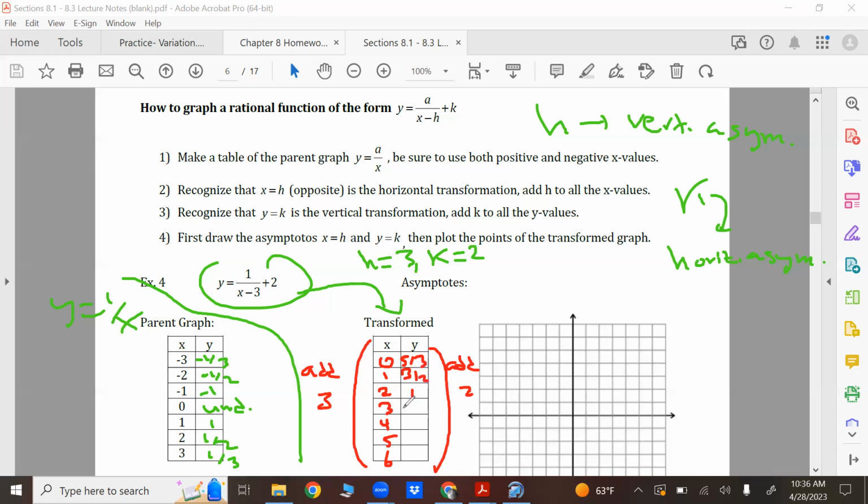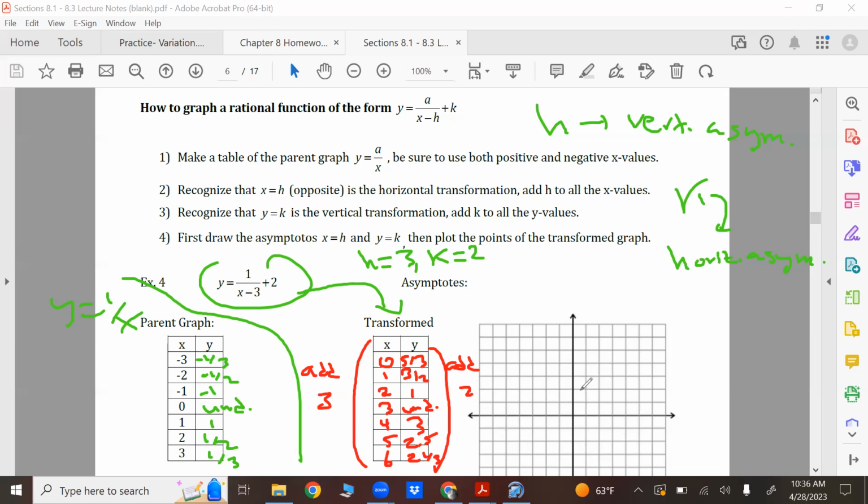It's undefined still, because if you plug in 3, you're going to be divided by 0. 4, yeah, then I get 3. Gosh, that's ugly. I can do better than that. Sorry, guys. 3, 2.5, and 2 1/3.